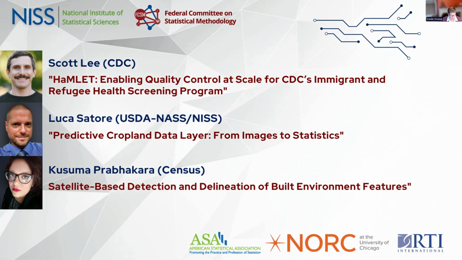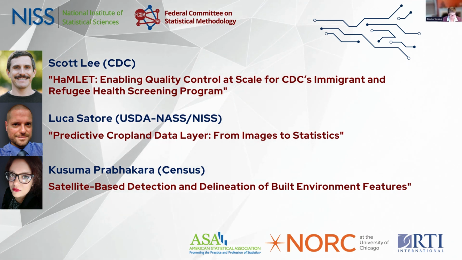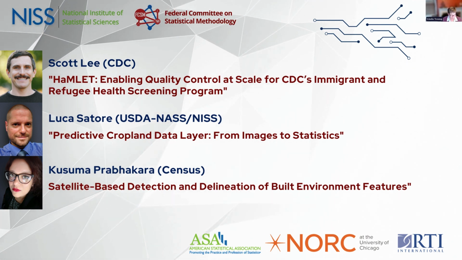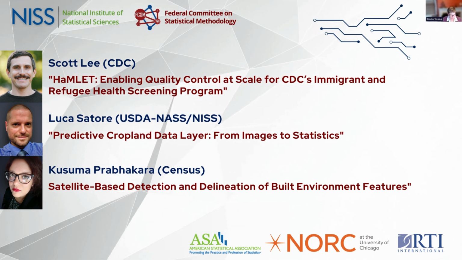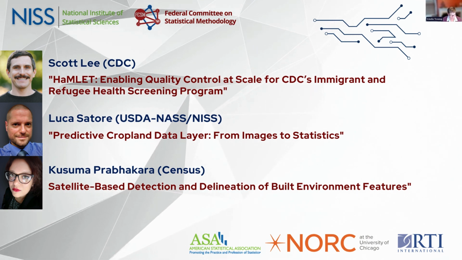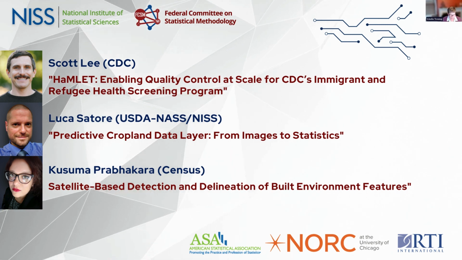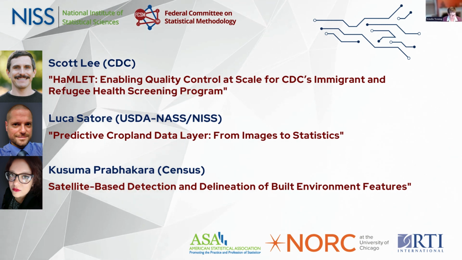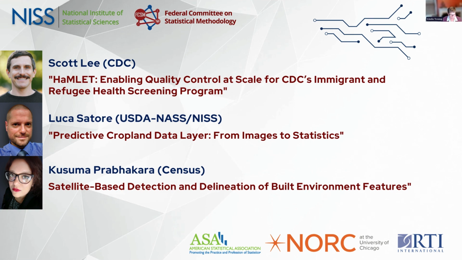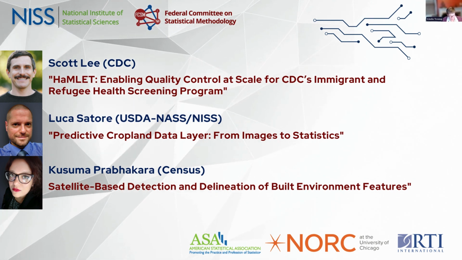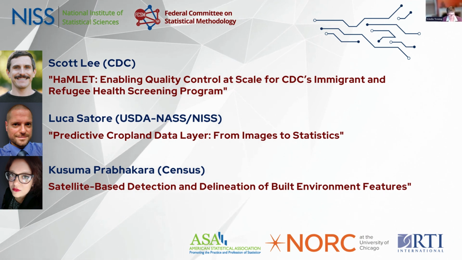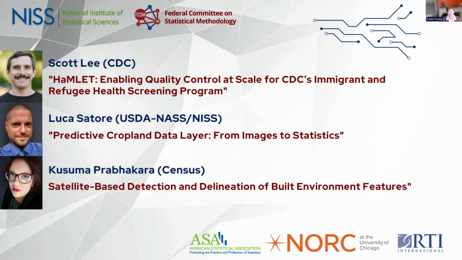Prior to joining the Census Bureau, Kusuma was a graduate research assistant for the USDA's Agricultural Research Service Hydrology and Remote Sensing Lab, working on remote sensing of winter cover crops. This research culminated in a PhD from the Department of Geographical Sciences at the University of Maryland, College Park.